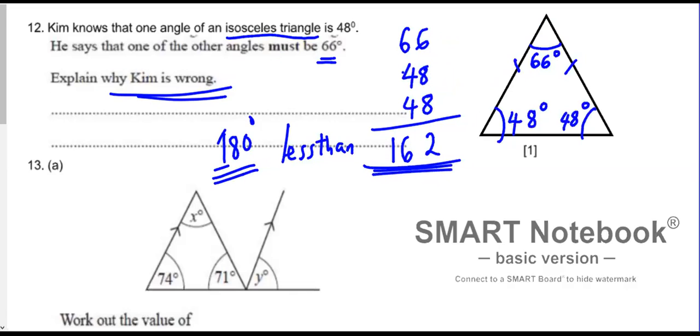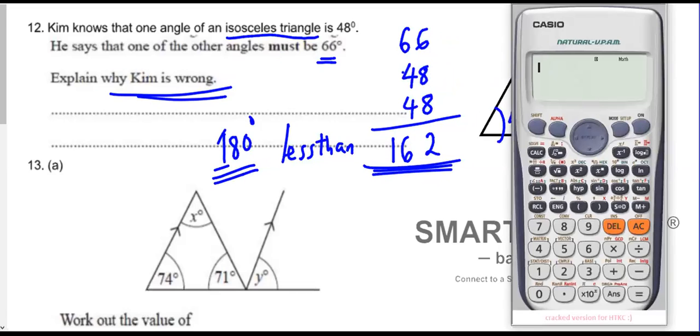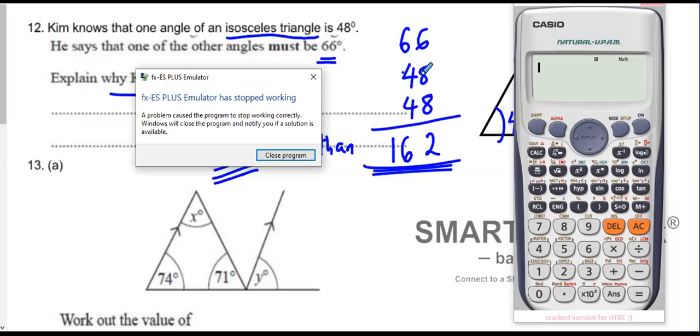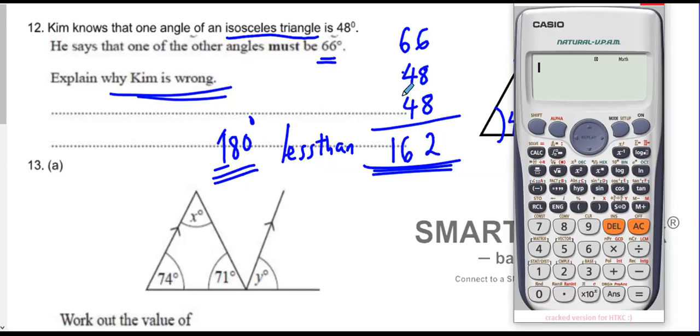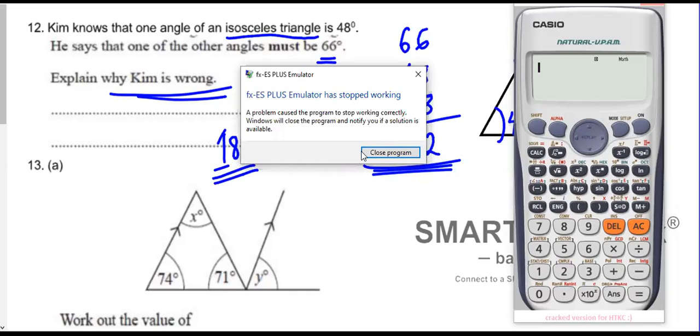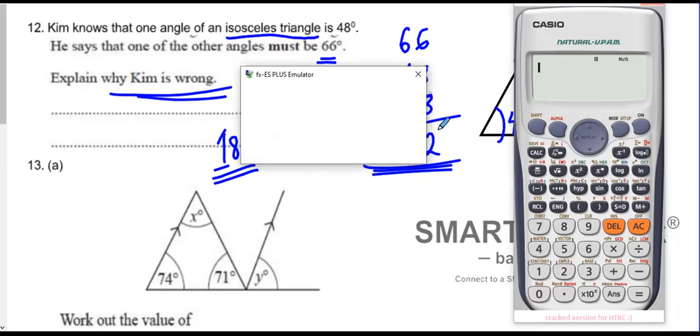Now, you can check from your calculations that when you take 66 plus 48 plus 48, if you get an answer which is bigger than 180 or less than 180, then that will be the explanation why Kim is wrong.